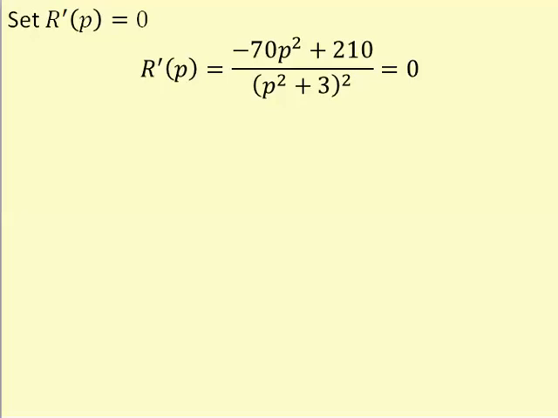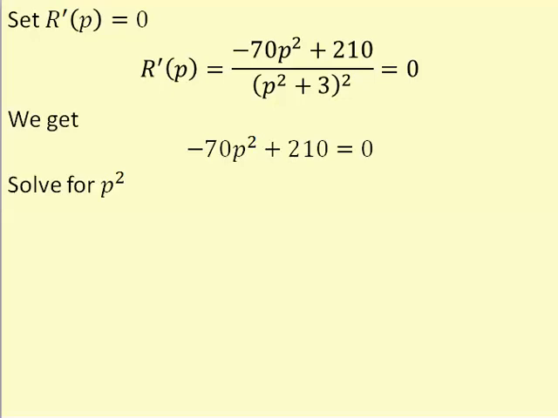So we get that if the marginal revenue function equals 0, then the numerator, negative 70p squared plus 210, would have to be 0. So what we do now is just solve for p squared. Solving for p squared, we get that p squared equals 3.